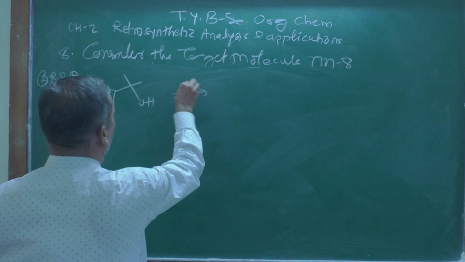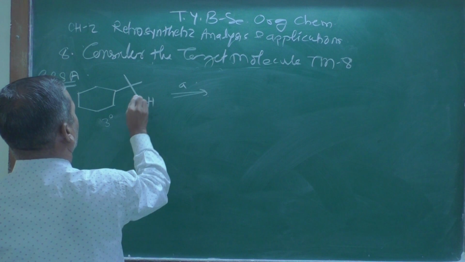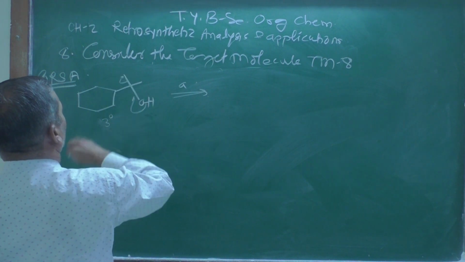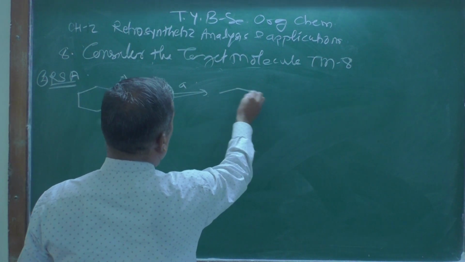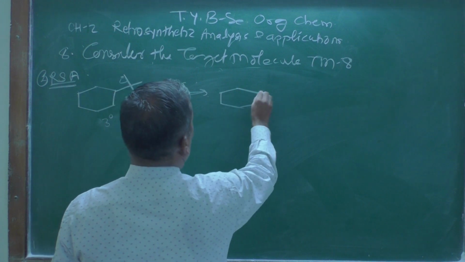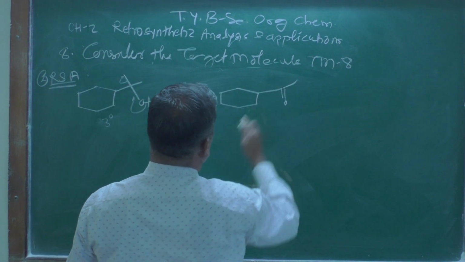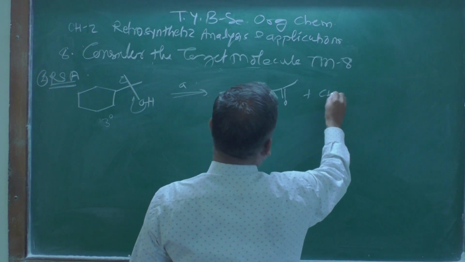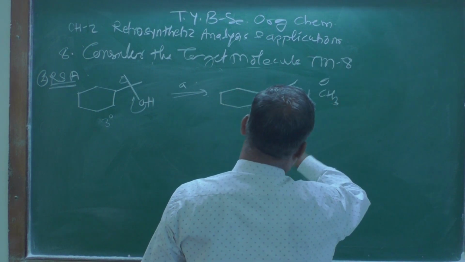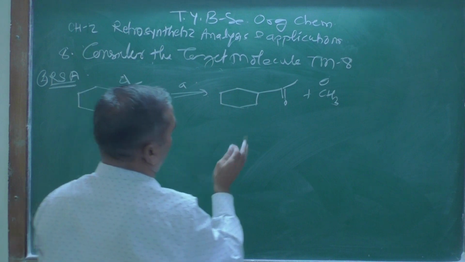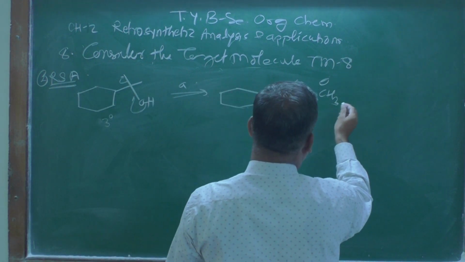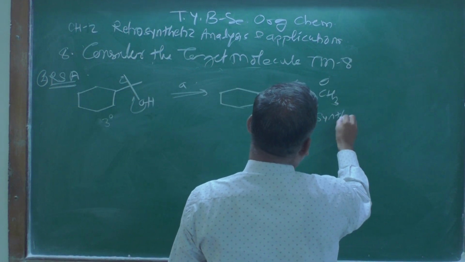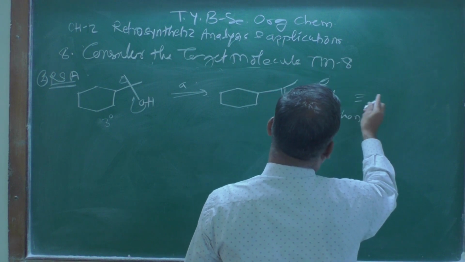So in this way, let us see how we can break this one, the methyl group over there, and you are going to get this type of compound, C double bond O, plus CH3 minus charge. You are going to get another, and this is a synthon, right? That synthon must have a synthetic equivalent.